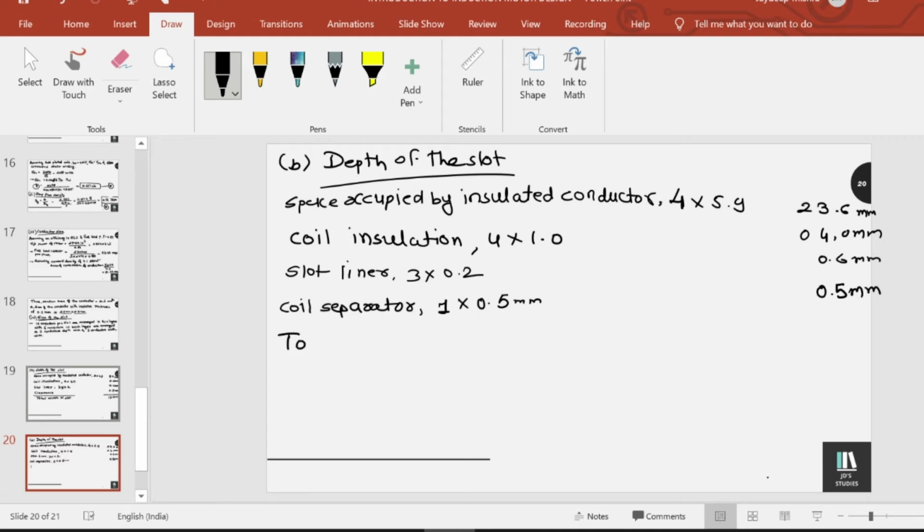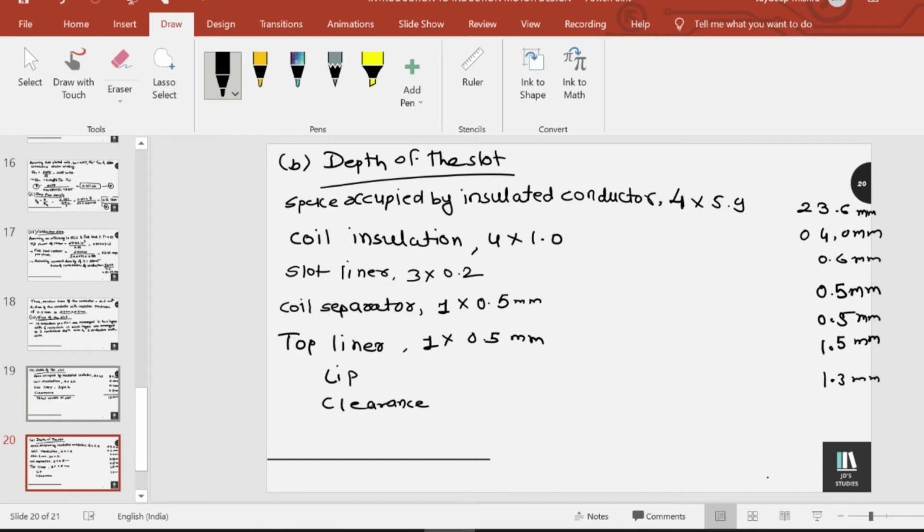Then top liner is 0.5 mm. Then we consider the lip, we have 1.5 mm. Clearance we have 1.3 mm.